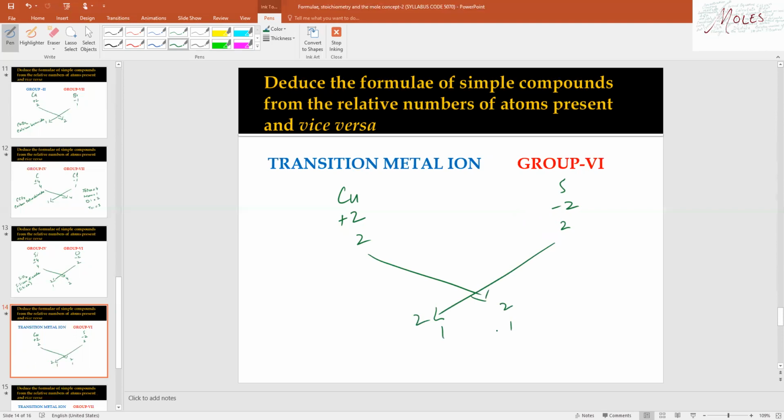The final formula would be CuS. The name is copper(II) sulfide. You have seen that I have to mention the charge of the transition metal ion in the name in the form of a Roman numeral.